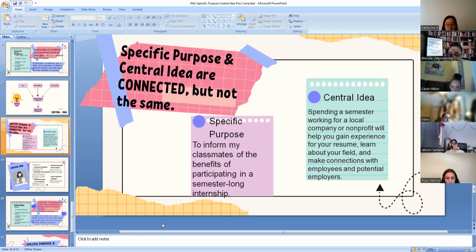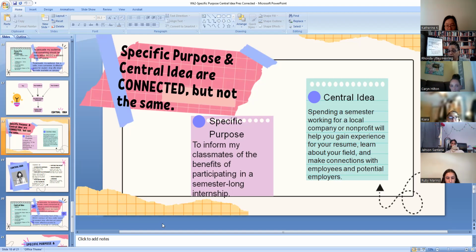So after you do your research, you may say, okay, these are the things that I want to say. At first you're going to have some type of idea about the main points you're going to include in your speech. But after you do your research, you're going to be clear about what those main points are.